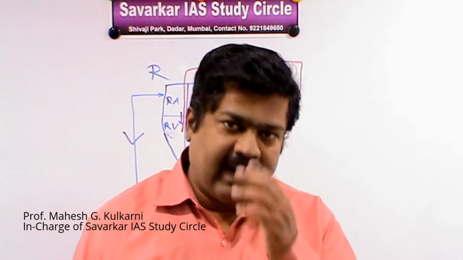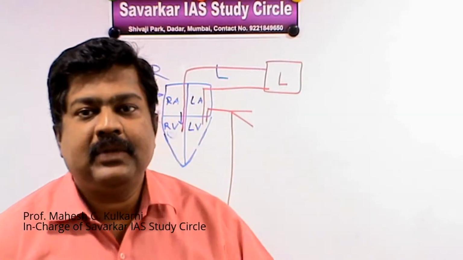Now we should be aware why blood is going through the lungs. The obvious reason is that the main function of the circulatory system is to carry oxygen to the various parts of the body, and second, to take out carbon dioxide from various parts. And then there is exchange of gases. That exchange of gases is taking place in the lungs.